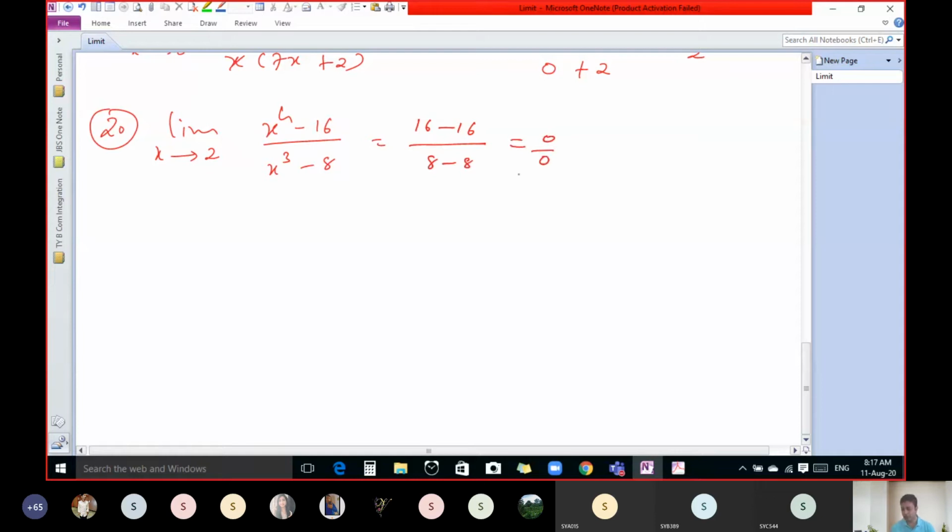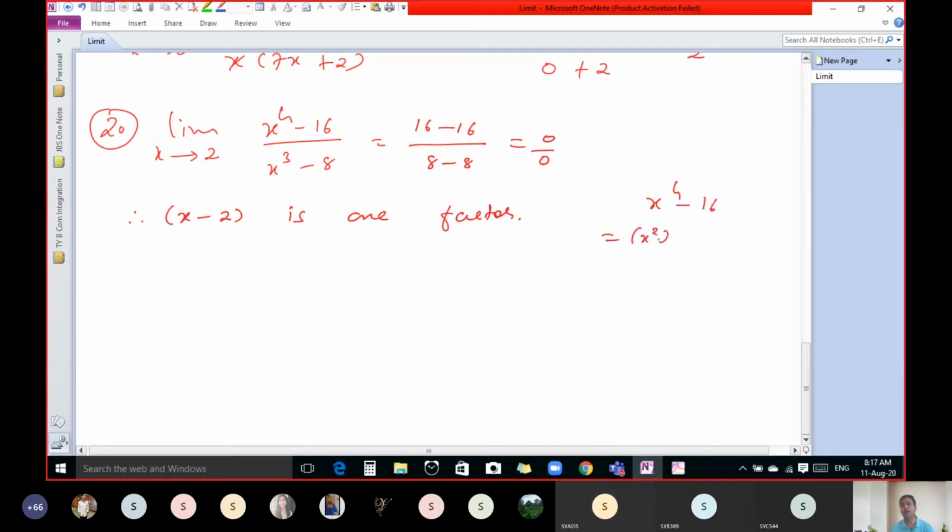And once we have 0 by 0, we know that we have to factorize. So what is the factor here? If we take 2 to this side, we can say that x minus 2 is one factor. Now see, for the numerator you can use the previous division method also. But we know that for x raised to 4 minus 16, there is one simple factor.